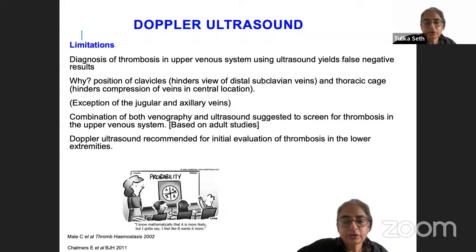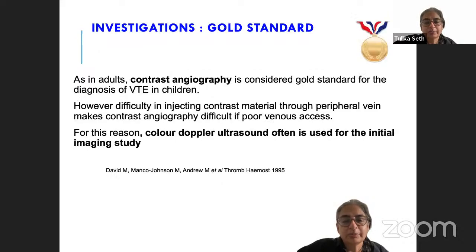For the lower limbs, the Doppler venous ultrasound is very good, and for a lower limb, it's definitely the initial investigation of choice. If it's an upper limb, then you may want to do a CT scan or other imaging to make sure you're not missing it if you have a high index of suspicion.